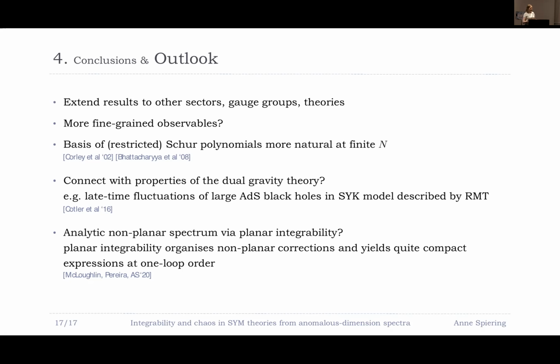But for the cases where this is well defined, I think you can compute things. And there are some issues with degeneracies in the spectrum where you can't actually do non-degenerate perturbation theory. And that's actually one of the reasons why we looked at the beta-deformed theory. There certain degeneracies are lifted, and then we can compute the non-planar corrections in this deformed theory.